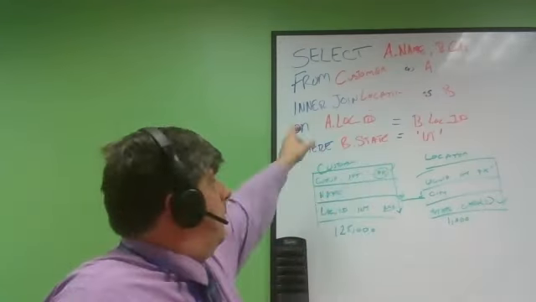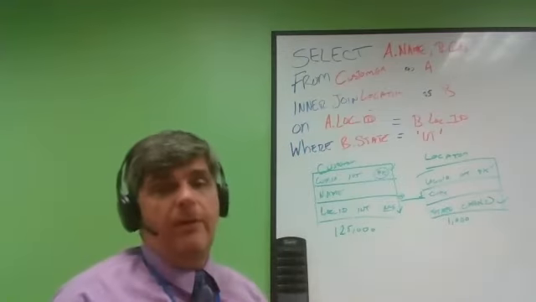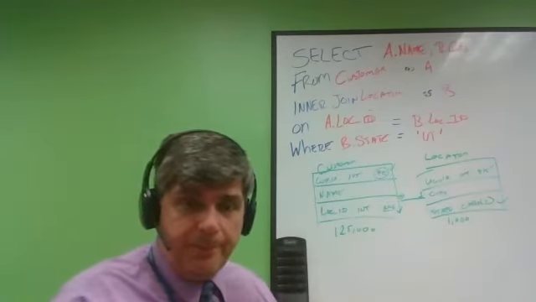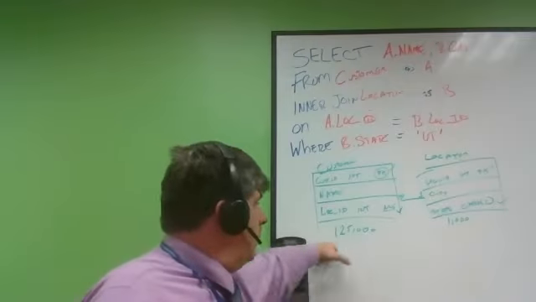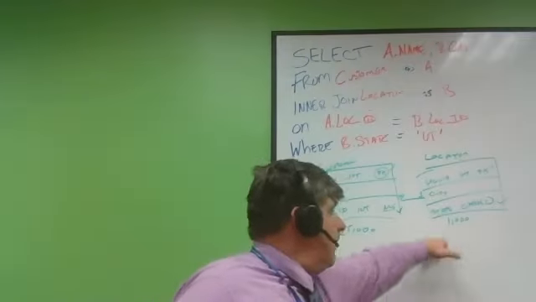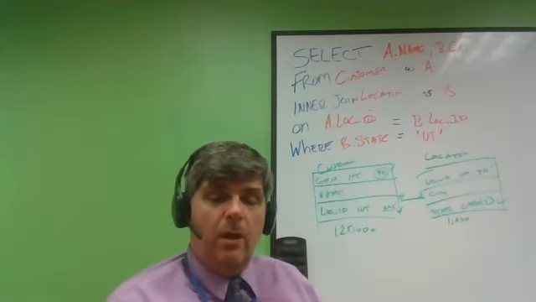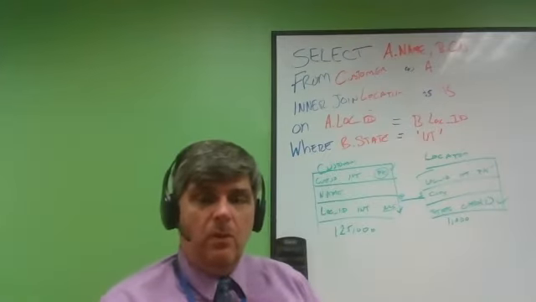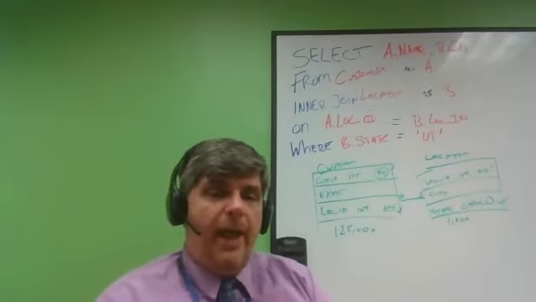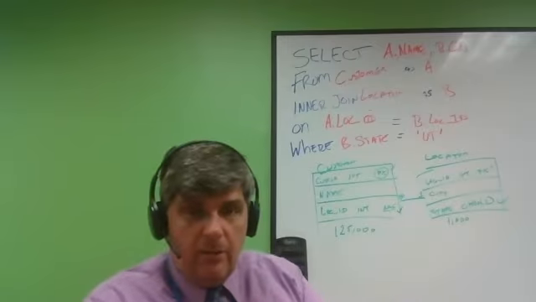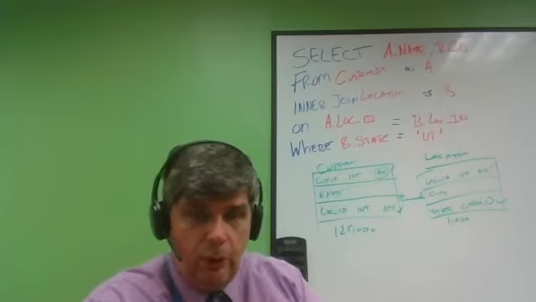It's going to take the customer table and the locations table and pull them both into memory, all of them. So it's going to take all 125,000 rows of customer and all 1,000 rows of location and pull that into your active memory. Most RDBMS engines, MS SQL, Oracle, all of them, have memory that is dedicated to just that engine.